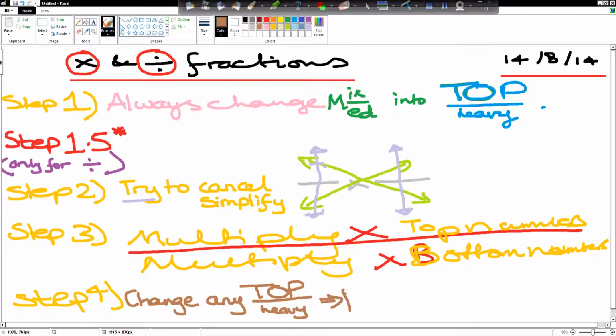What did we start off with in the first question? We started off with mixed. So we change it back into mixed.